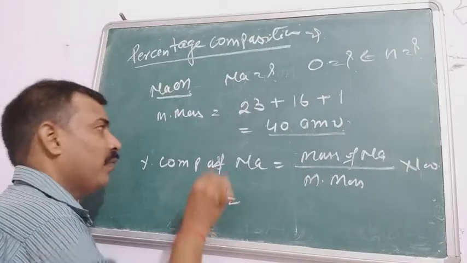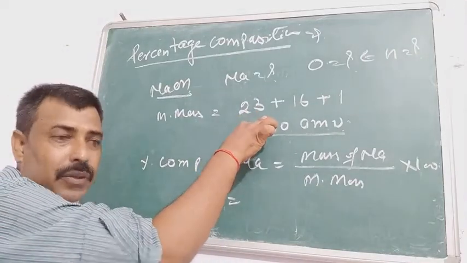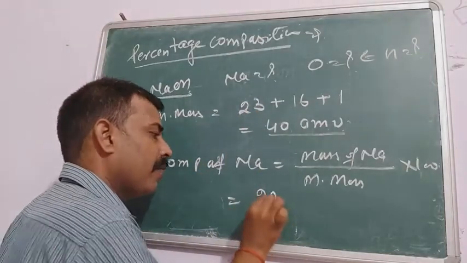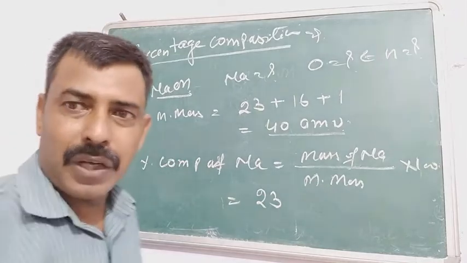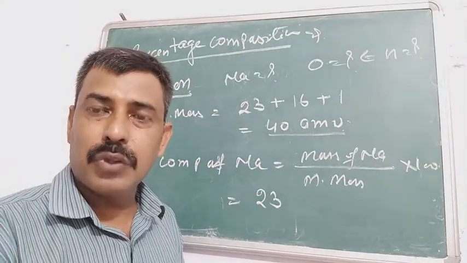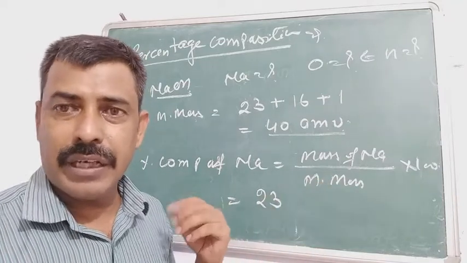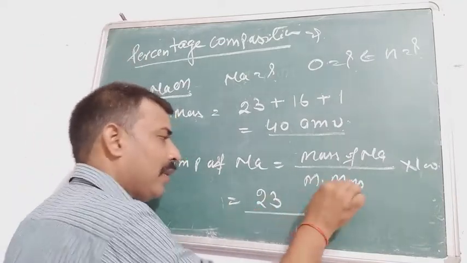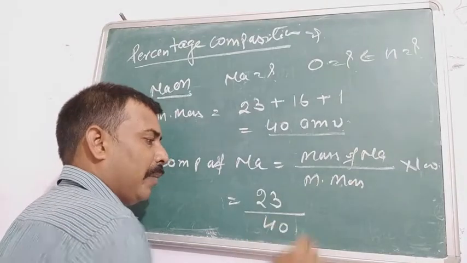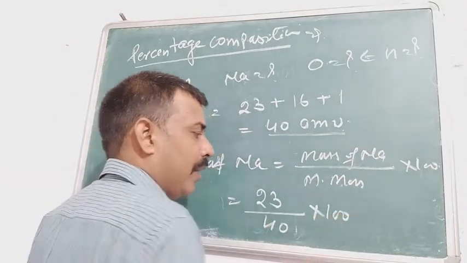In this case, the mass of sodium is 23. If you are taking it in terms of gram, that is the molar mass, then it will be 23 gram, otherwise it will be 23 AMU out of molecular mass 40 AMU into 100.